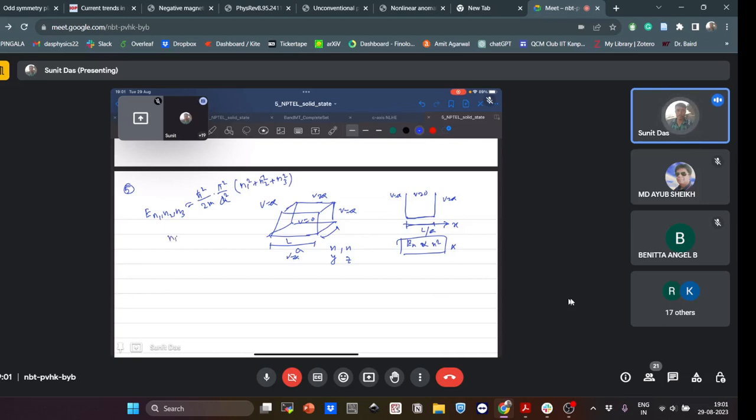So n1 corresponds to the x-axis, when I had only the 1D potential well. Then n2 comes from the y-axis, 2D potential well, and then n3 from the z-axis is also there. So this is for the 3D case, 3D quantum well of width A.